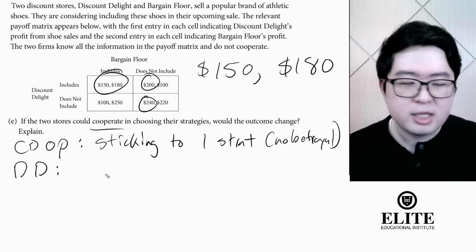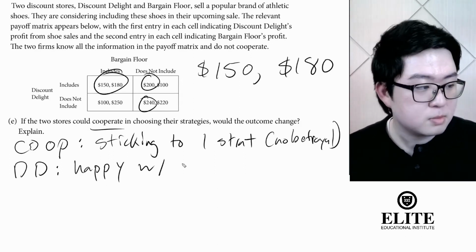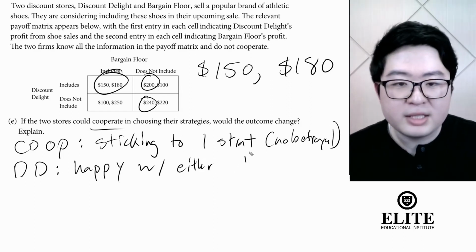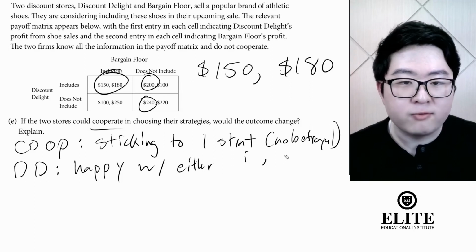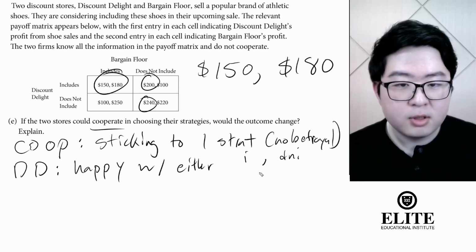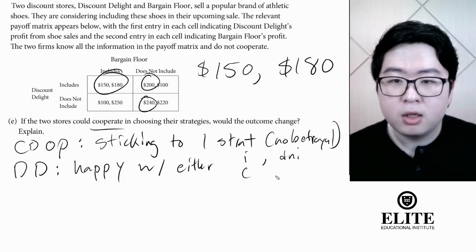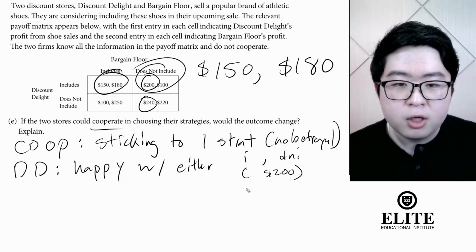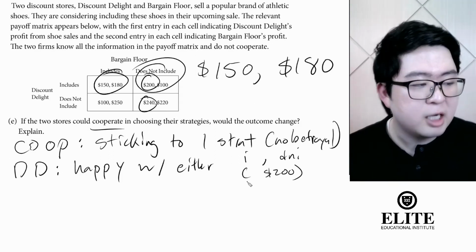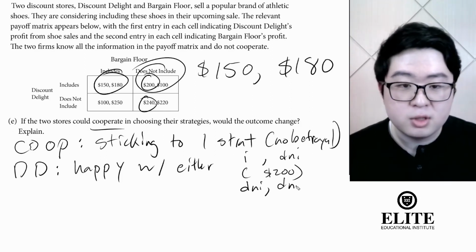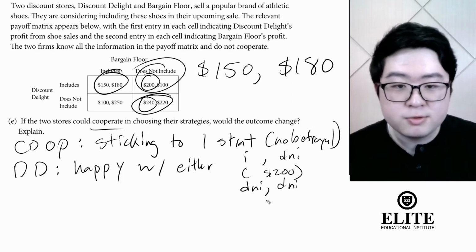So Discount Delight is happy with either where it includes and Bargain Floor does not include, with a profit of 200 in that case, or the situation where it does not include and Bargain Floor does not include, with a profit of 240 in this case.